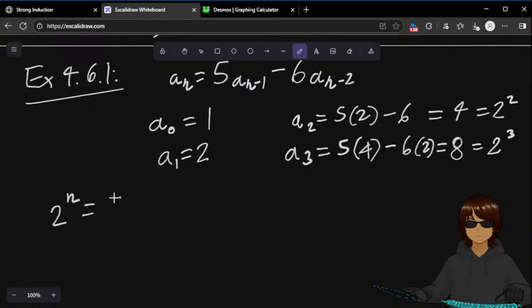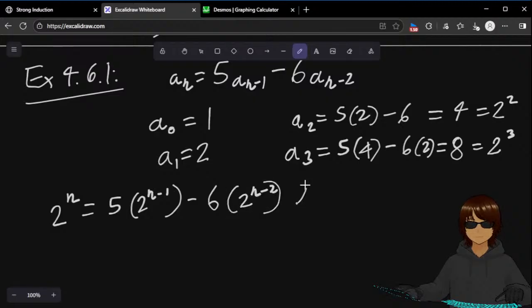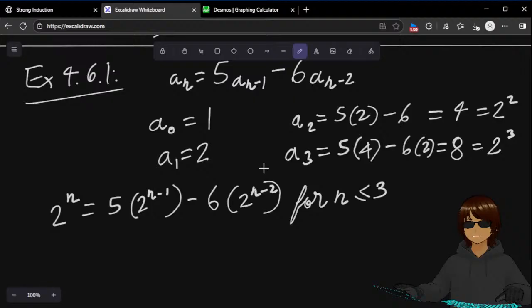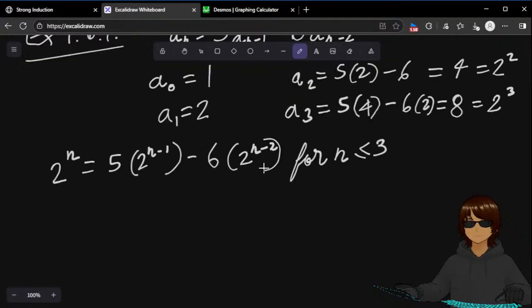If this is true, so this part we know for certain is true, right? Now, how would we prove it for n plus 1? We multiply both sides.